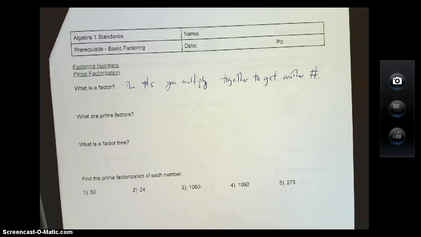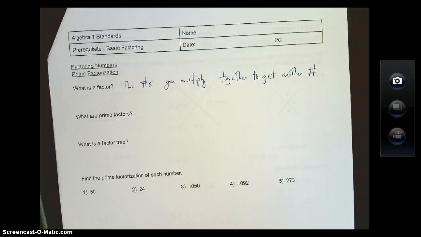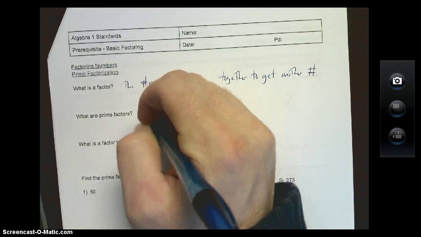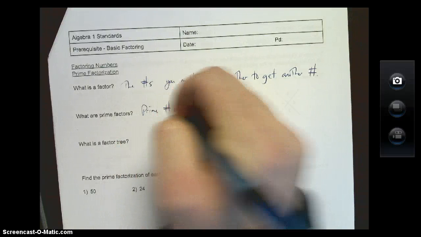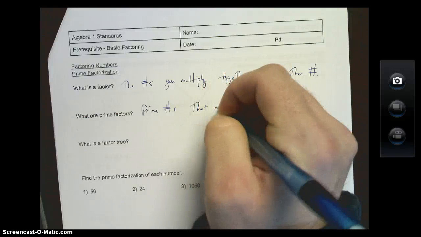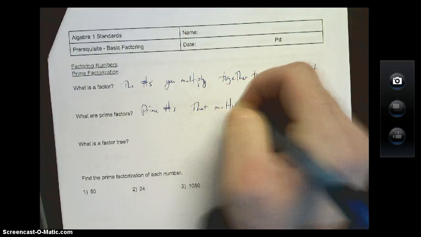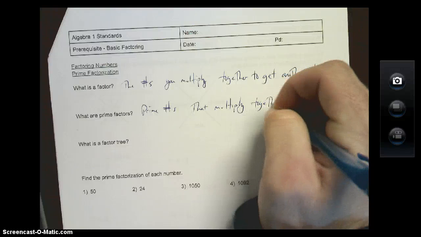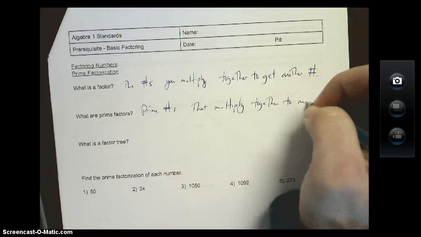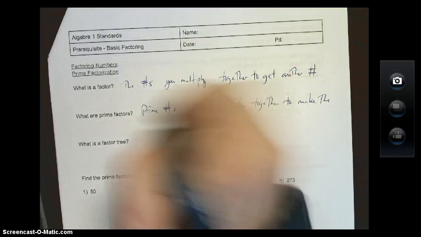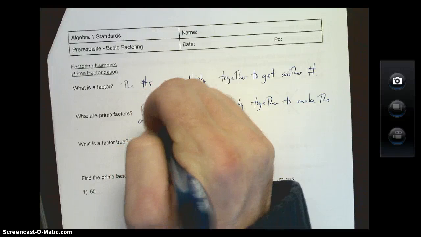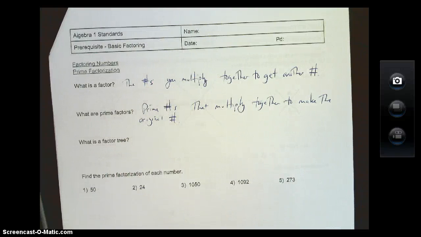Now, if we get a little bit more specific and say prime factors, this is when we talk about prime numbers that multiply together to make the original number. Just a little side note, if you ever need to copy something down on a video, you may always hit the pause button on YouTube.